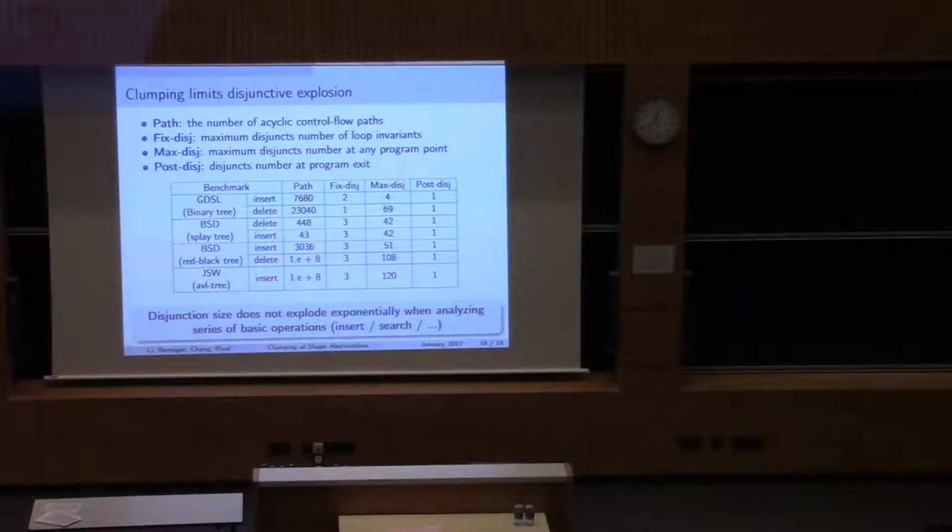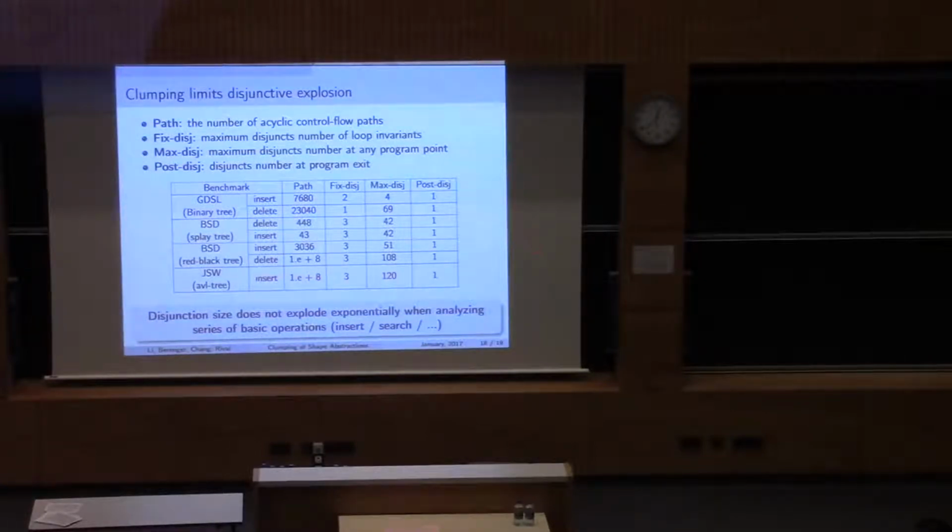To evaluate that clumping limits disjunctive explosion, we collect the number of cyclic control flow paths for each benchmark, the maximum disjunct number of loop invariants computed by our analysis, the maximum disjunct number at any program point, and the disjunct number at the program exit point. We found that the loop invariants computed by our analysis always have a very low disjunct number.